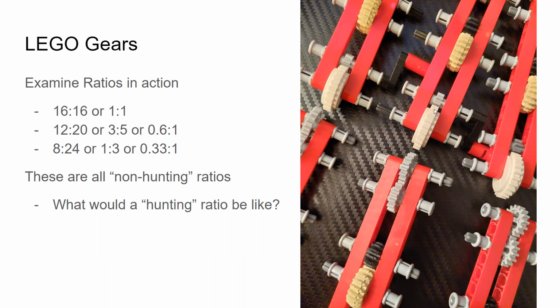On this 8 and 24, if I marked 1 tooth on the 8, it would line up with 3 specific teeth on the big white one, because 8 goes into 24 3 times, right? So I could take a Sharpie and mark 3 teeth on here that were spaced out evenly, and that 1 tooth on the small gear would line up every single time. This is important because all modern transmissions go with a hunting gear ratio.